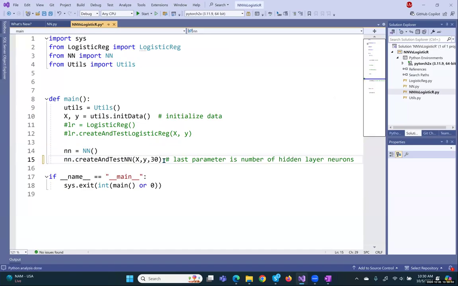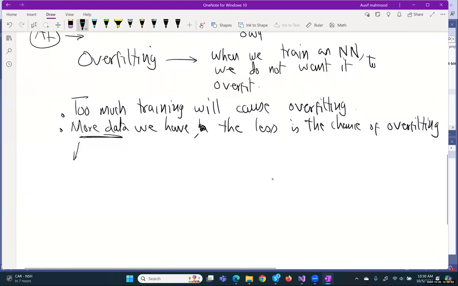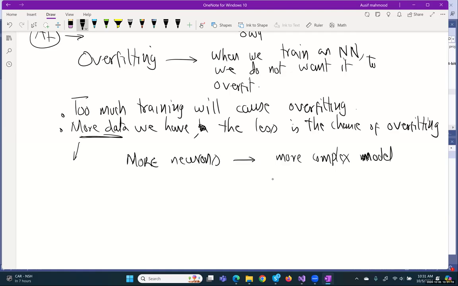As we are increasing the number of neurons, from an overfitting point of view, the question is, are more neurons better or fewer neurons better? More neurons basically means we are making the model more complex, because it can learn a higher degree, a more nonlinear type of decision boundary, right?